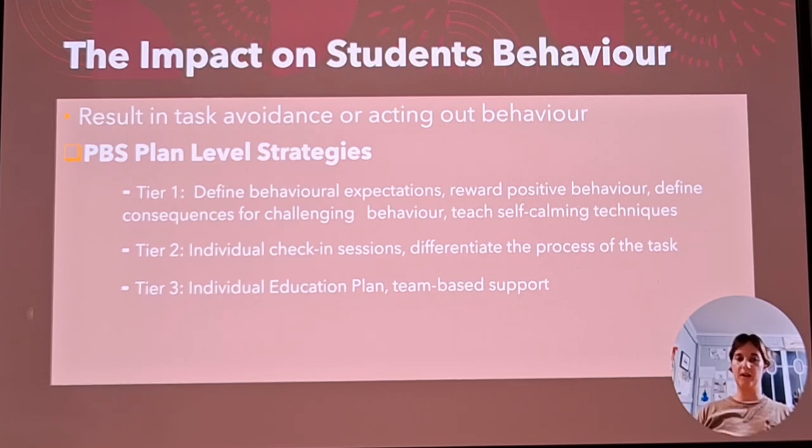Now, Tier 3 strategies should rarely be used, and I think would only apply if the child does not attempt a writing task and acts out every time and will not have a go. If that's the case, you need to get everyone involved.